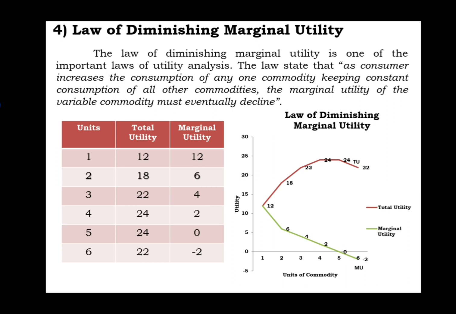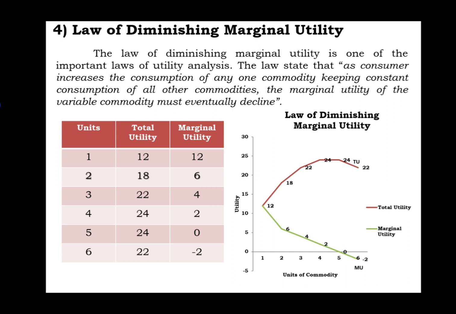Thereafter at the third unit we have derived only 4 units of utility. It means we have left 2 there. Earlier 6, thereafter 2, thereafter 2, thereafter -2. It means here we have to take the values such that they become less and less. Earlier 12, thereafter 6, thereafter 4, 2, 0 and -2.